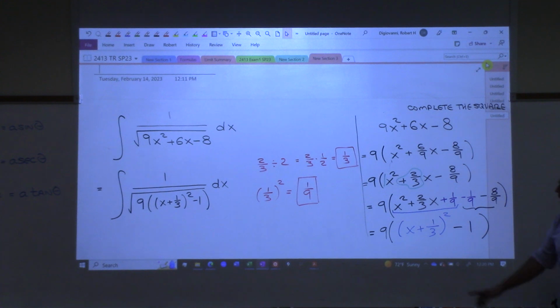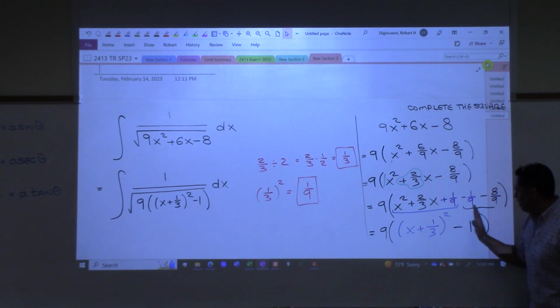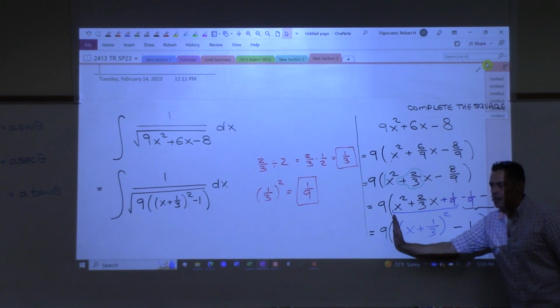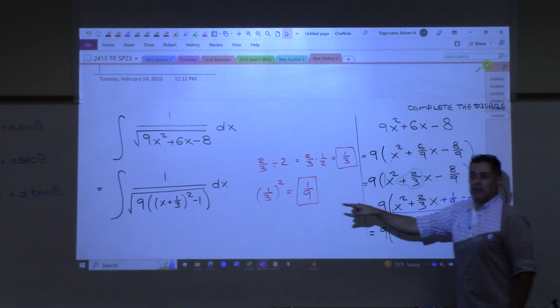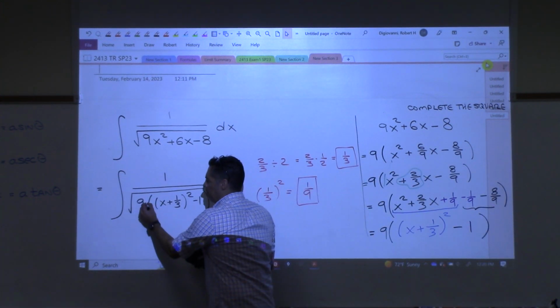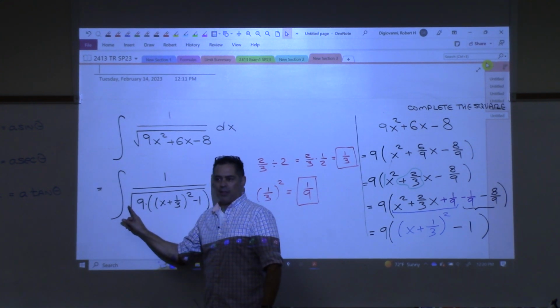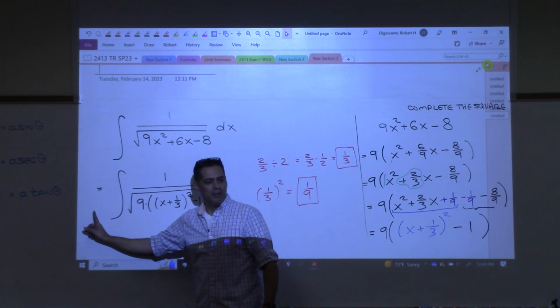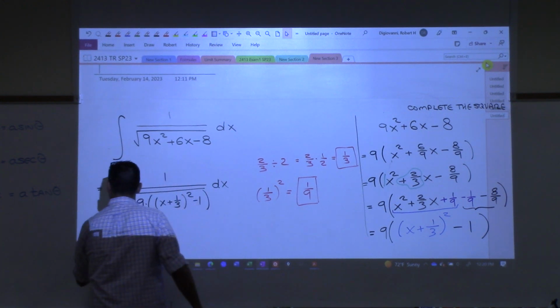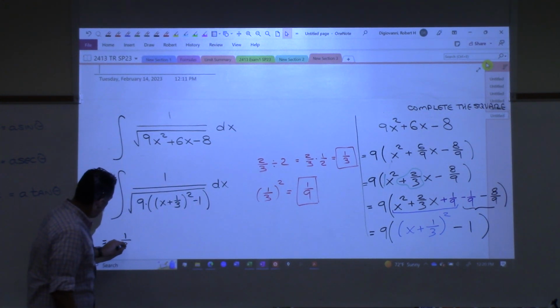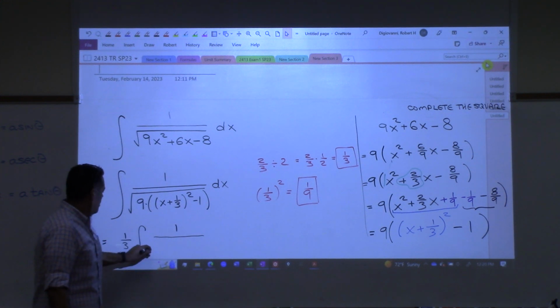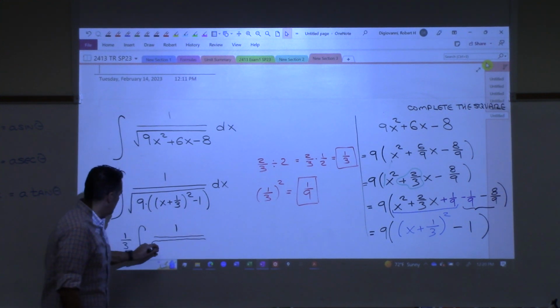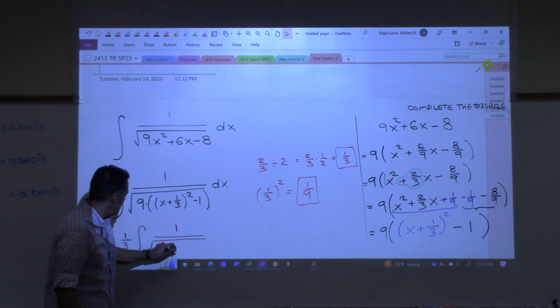That 9 is out in front of this big parentheses, I pulled that out of everything. And I can pull it out of the root, can't I? This is multiplication right there. I can pull that out as a 3 and out as a 1/3. So I'm going to do that. Square root of, okay, I've completed the square.